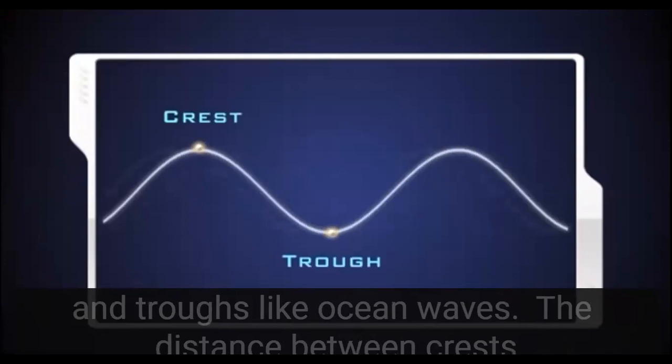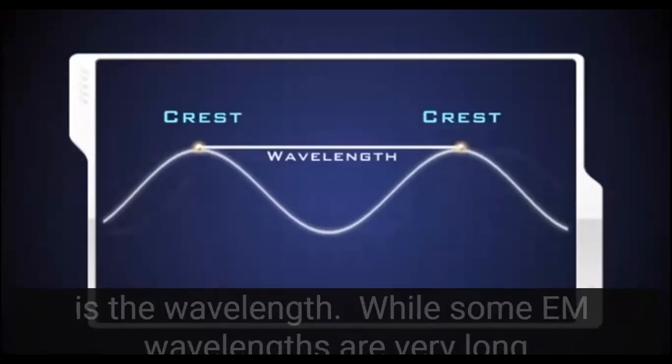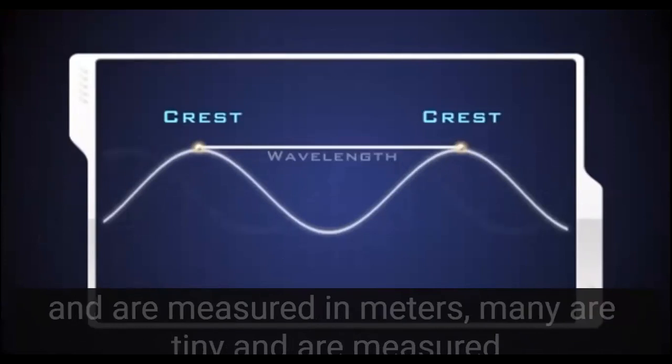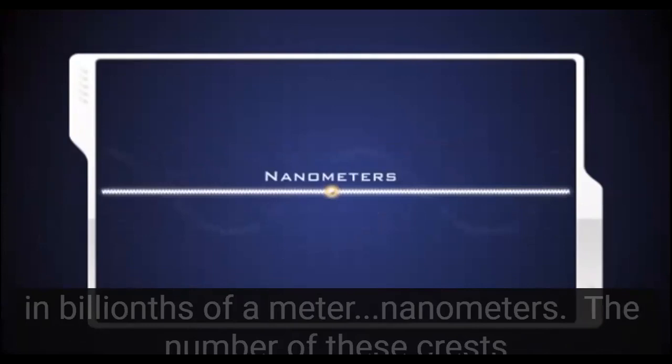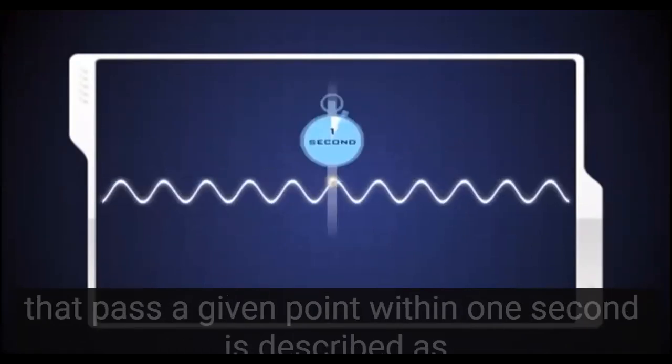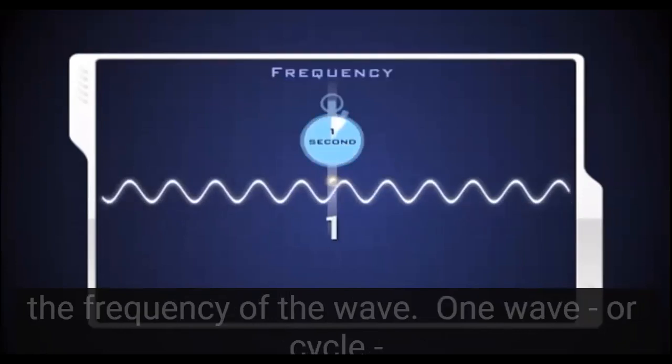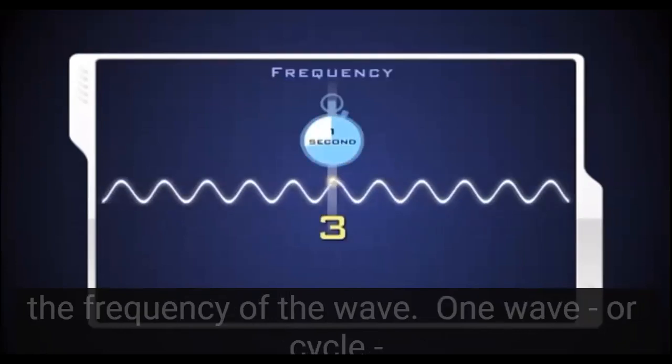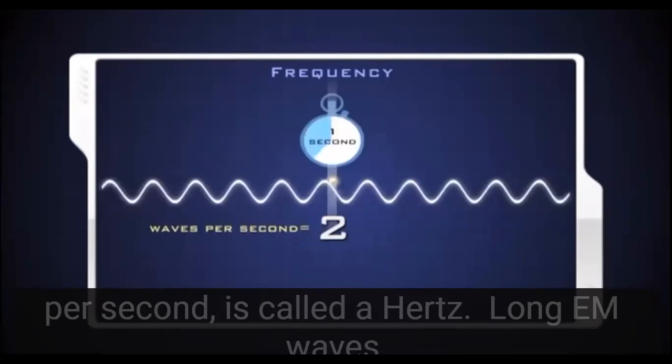The distance between crests is the wavelength. While some EM wavelengths are very long and are measured in meters, many are tiny and are measured in billions of nanometers. The number of these crests that pass a point within 1 second is described as the frequency of the wave. One wave, or cycle, per second, is called a hertz.